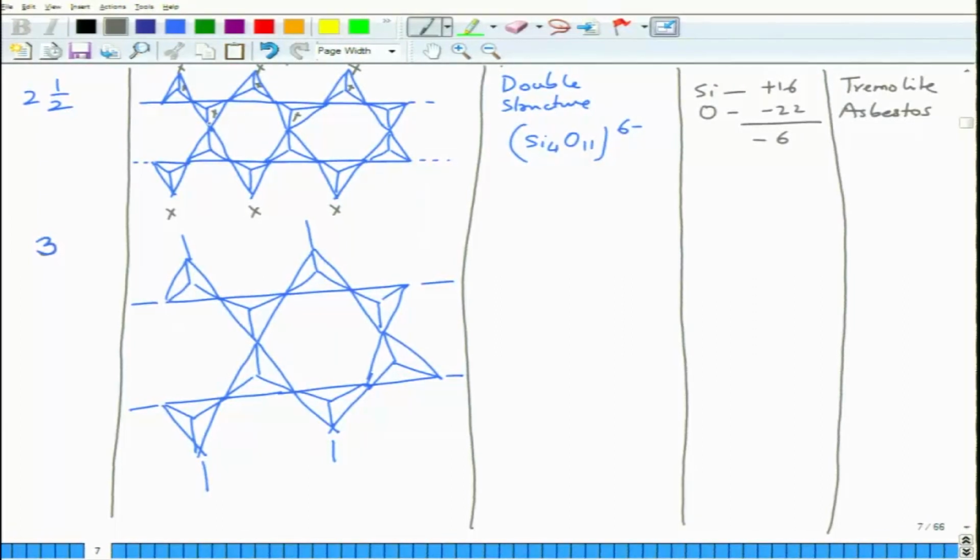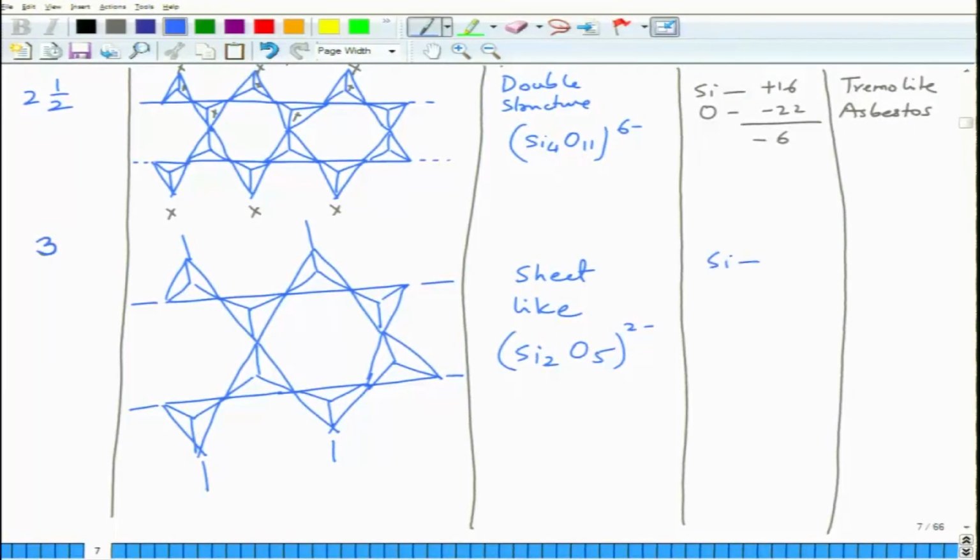Here only the top bond is missing, the XY pairings are there, and this structure is basically a sheet-like structure. It is Si2O5 and this will be 2 minus.